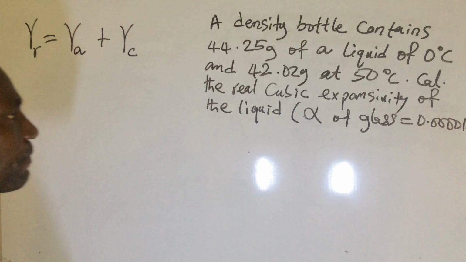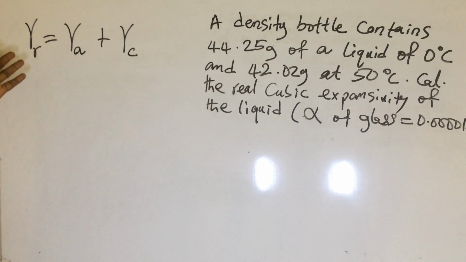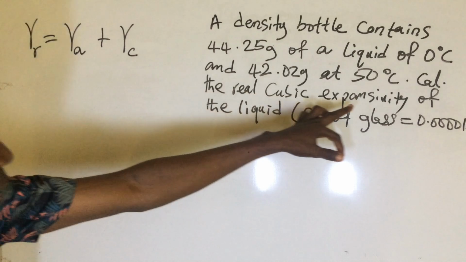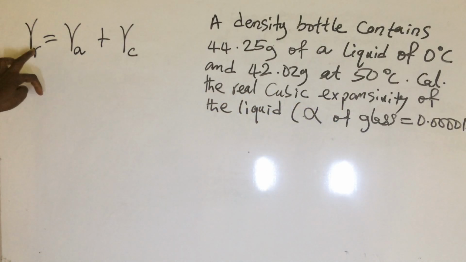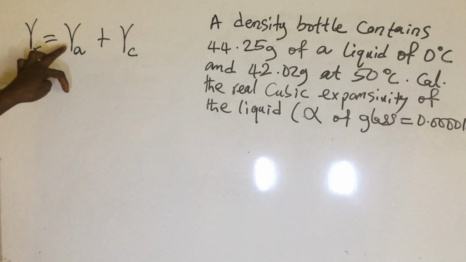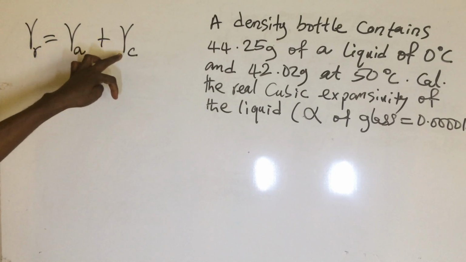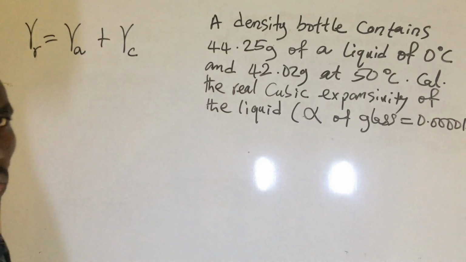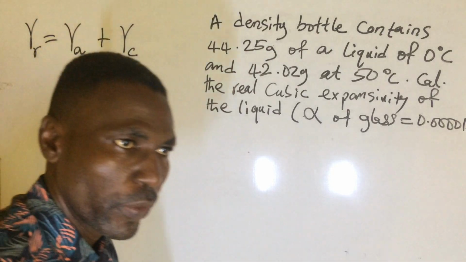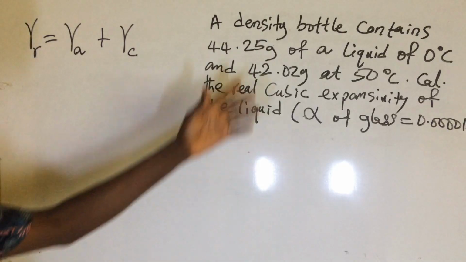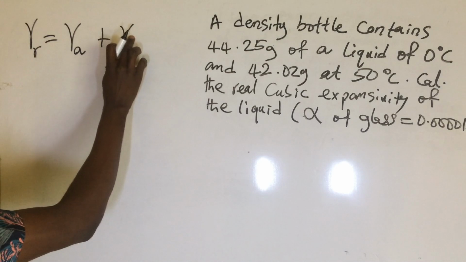Now, in order to calculate this real cubic expansivity, we are going to get the apparent cubic expansivity of the liquid plus the cubic expansivity of the density bottle holding the liquid. From the question, this one can be gotten easily.